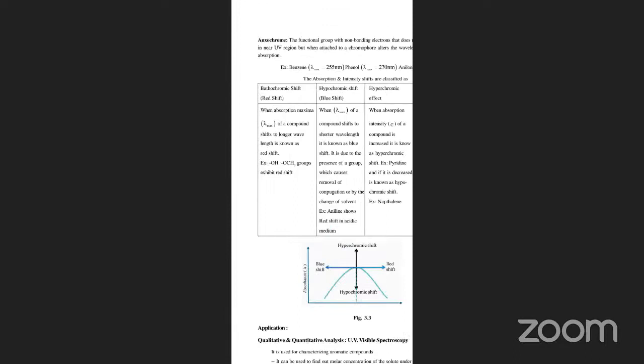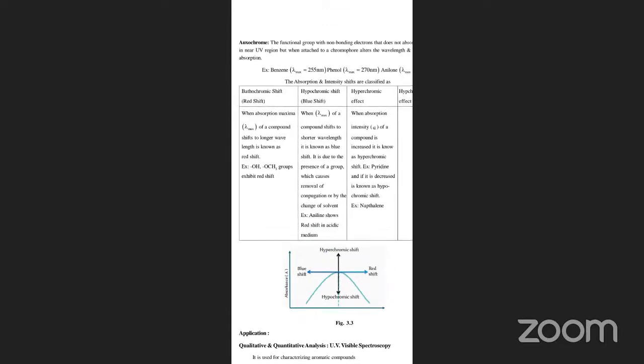Next, auxochrome: the functional group with non-bonding electrons that does not absorb radiation in the near UV region, but when attached to a chromophore alters the wavelength and intensity of absorption. Benzene, lambda maximum 255 nanometer, phenol lambda maximum 270 nanometer, and aniline lambda maximum is equal to 280 nanometer.